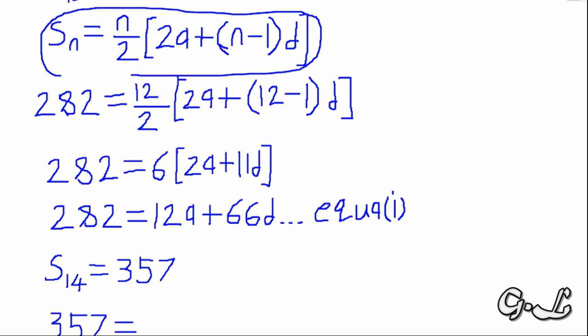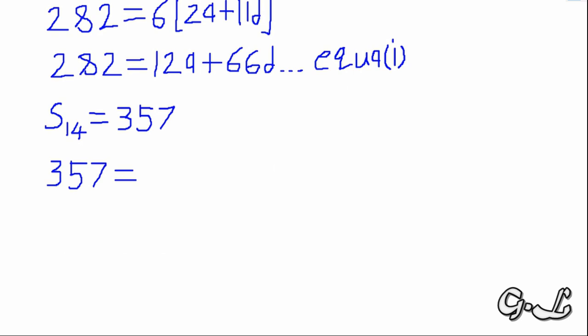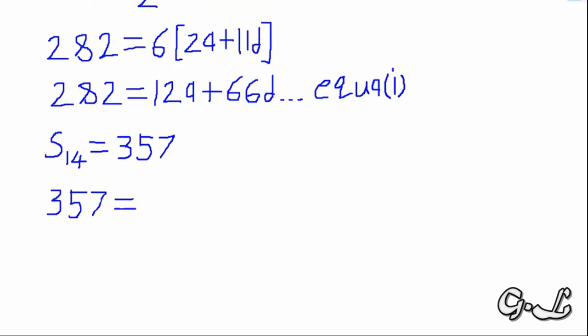Since the number of terms n is 14, we write 14 over 2, then 2a plus open brackets 14 minus 1 close brackets.